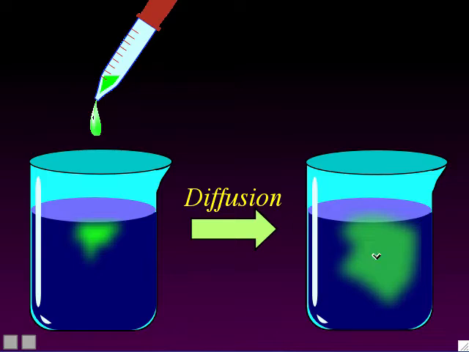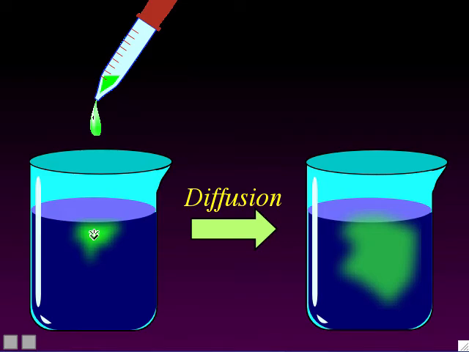And if you look at the definition I gave for diffusion in the lecture outline, it says the movement of solutes from an area of their high concentration to an area of their low concentration. And if you think about it, that's just a fancy way of saying spreading out, because when that drop of green ink first hits the water, like you see right here, all those green solute molecules are all concentrated together right here.